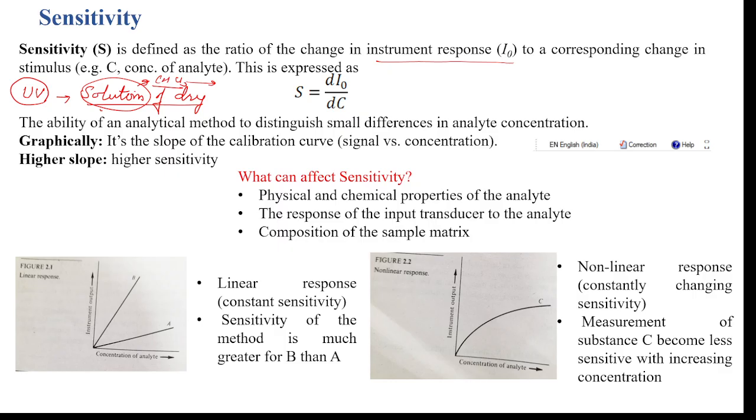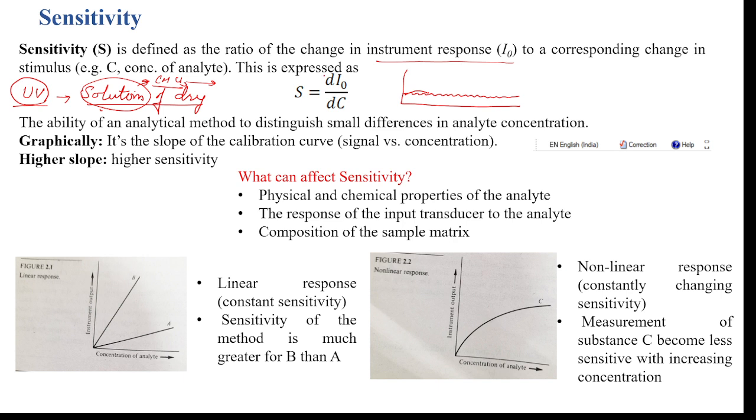Okay, and obviously there is some air also there, so that is also going to affect your data in UV spectroscopy. So for example, you are getting this data for a simple solution, there is some noise, some response is already there, even though no sample is present inside the UV chamber.